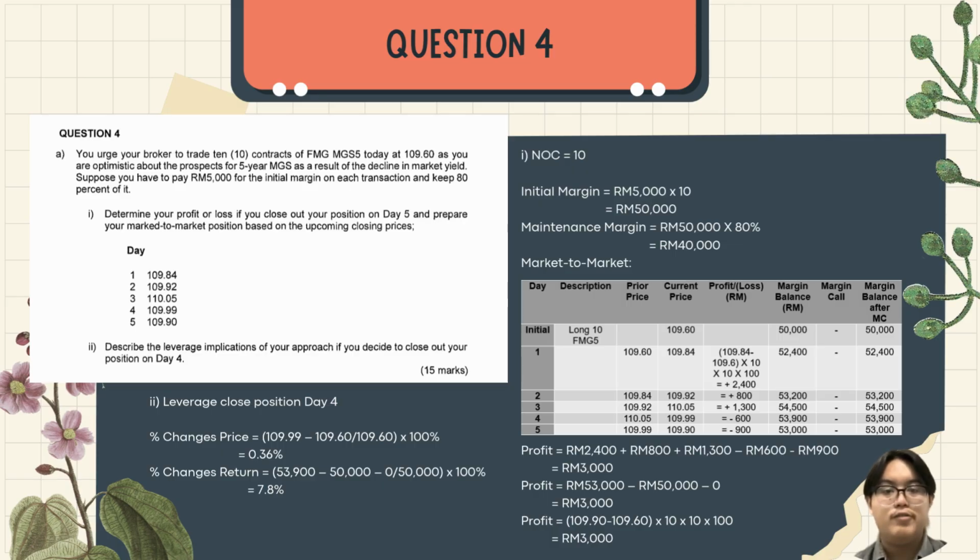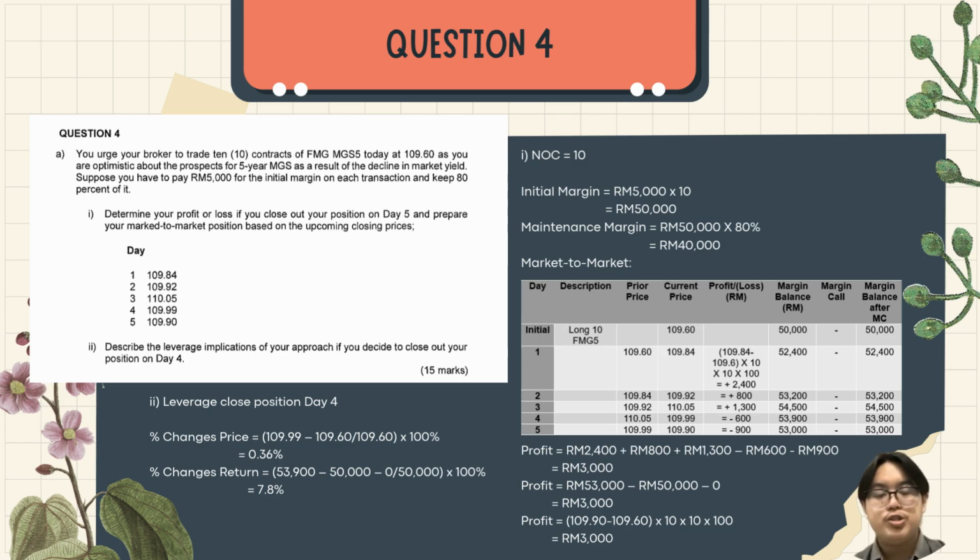This shows the effect of leverage. Even though the future price only increased by 0.36%, the return on the investor's margin is 7.8%. In other words, future trading allows the investor to control a large contract value by only paying a small margin. This can magnify profit when the market moves in the investor's favor.